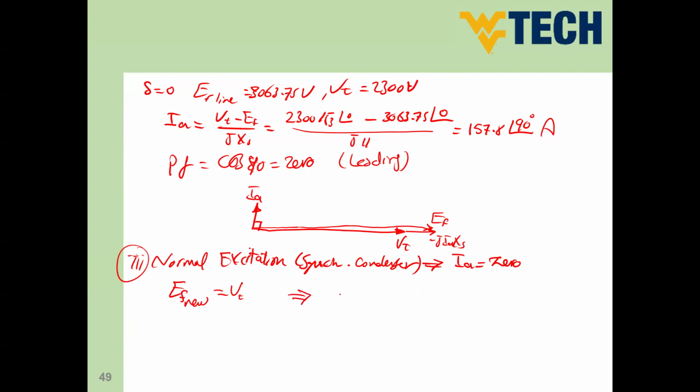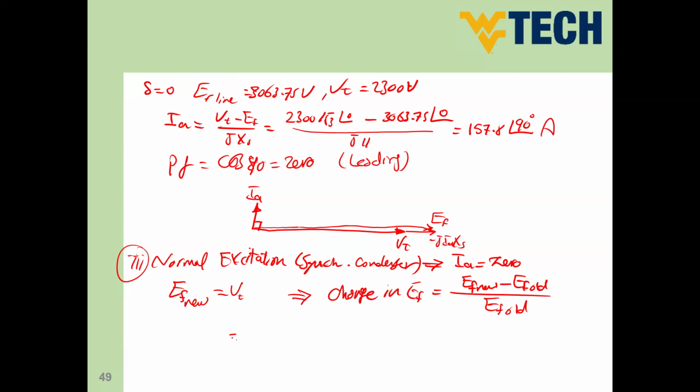So you can say the change in EF equals EF new, which is V terminal, minus EF old, divided by EF old. I'm just referring to the old value.